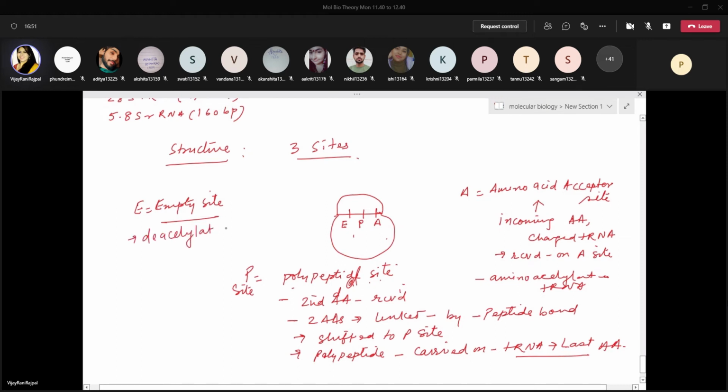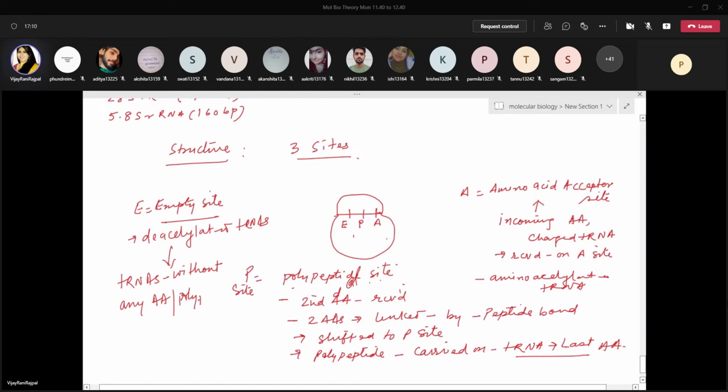Deacylated tRNAs, that means the tRNAs without any amino acid or polypeptide, are shifted here.